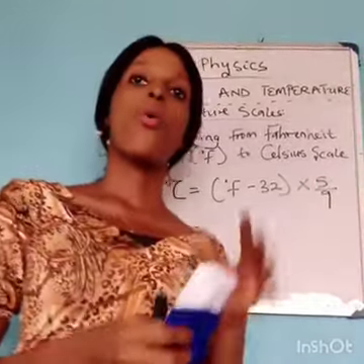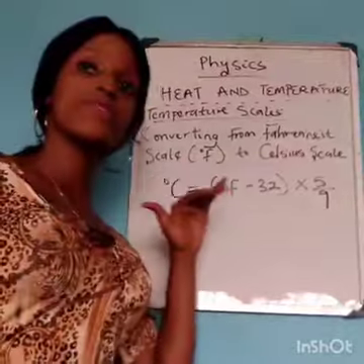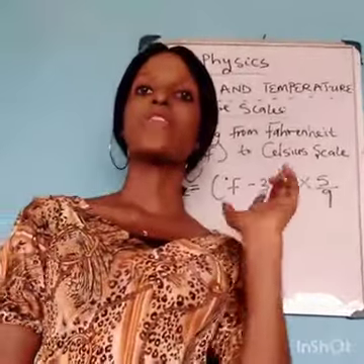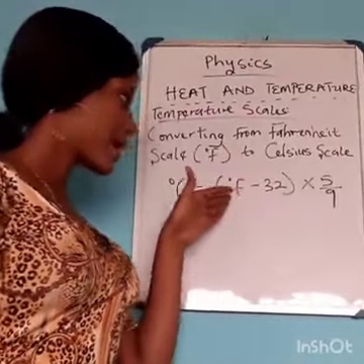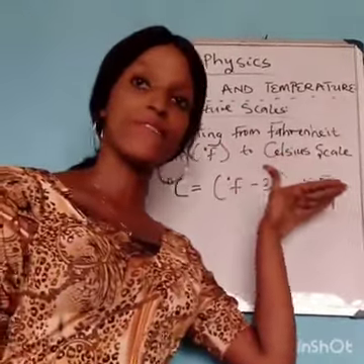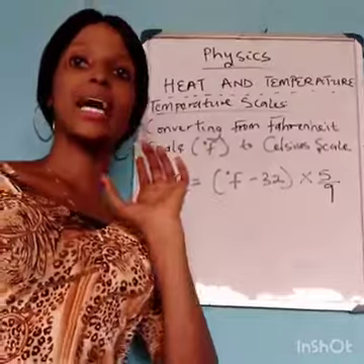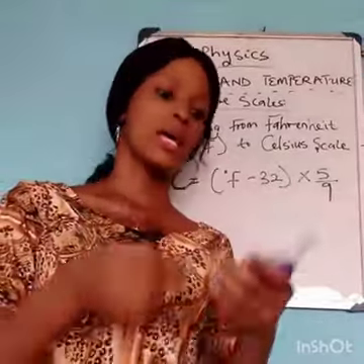That is simply, when you are given your value on the Fahrenheit scale and you are asked to convert it to the Celsius scale, what will you do? You subtract 32 from the Fahrenheit value, you multiply by 5, divide by 9, and that gives you your answer.